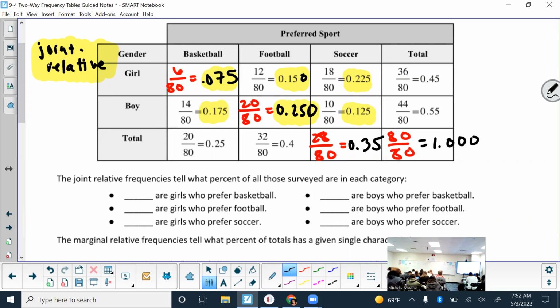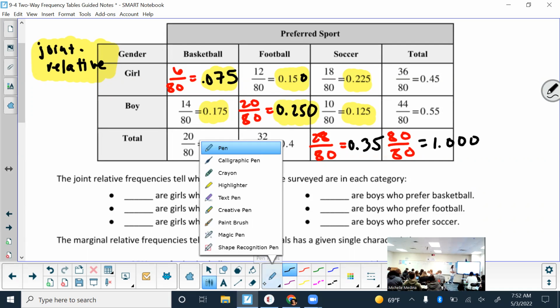All right, like a joint bank account. 2 people have access at least. This has 2 categories at once. It's just girls that like basketball, girls that like football, boys that like football, things like that.